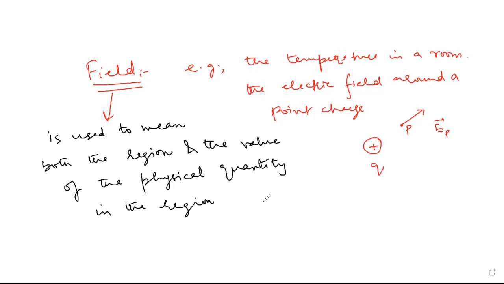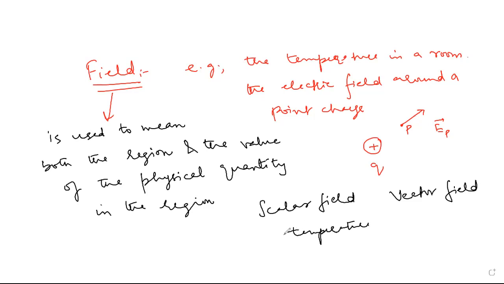We can have a scalar field, we can have a vector field. For example, temperature is a scalar field because temperature is a scalar quantity. Electric field is an example of a vector field.